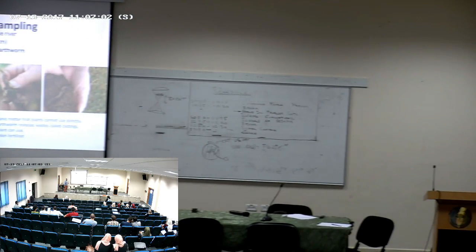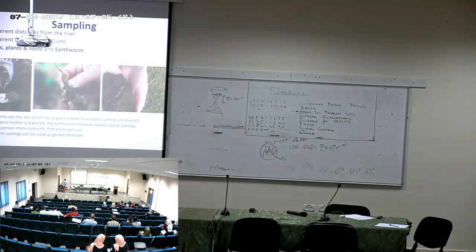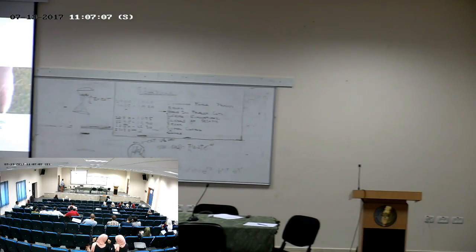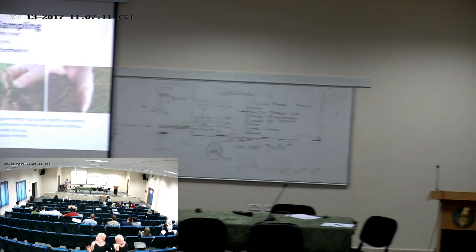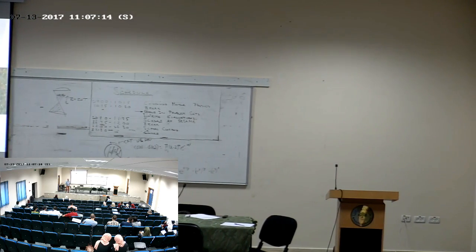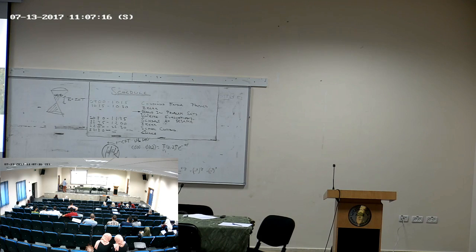So he actually did everything, from getting the samples. These are the collecting of soil samples at various distances from the Jordan River, and also including some earthworms. And these are the results. You remember we mentioned the difference between chromium-3 and chromium-6.